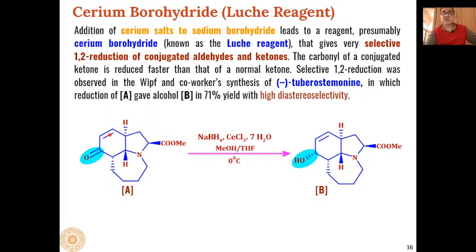So we have seen in the case of sodium borohydride that alpha beta unsaturated ketones are not preferably reduced at the carbonyl. So this can be used for 1,2 reduction of the carbonyl group when we have alpha beta unsaturated ketones, and other functional groups like esters will not be affected. So this is again a high diastereoselectivity of the reagent, which is formed from the reaction of sodium borohydride and cerium chloride heptahydrate.